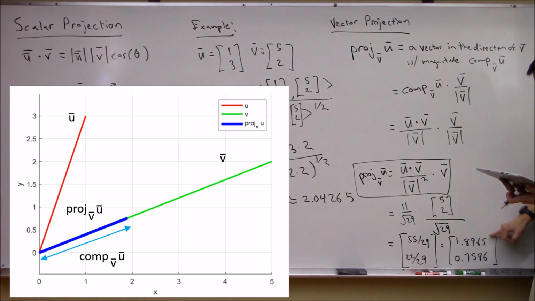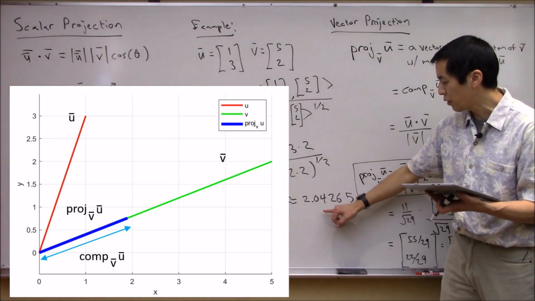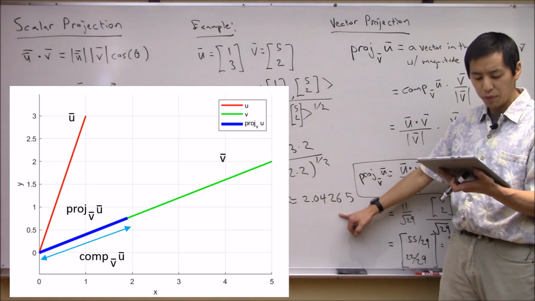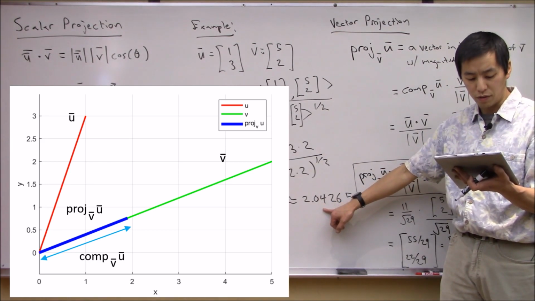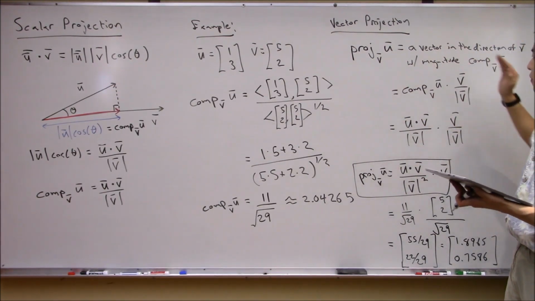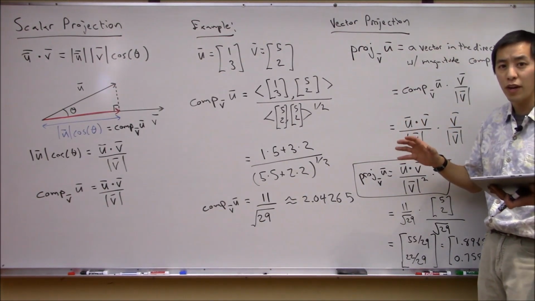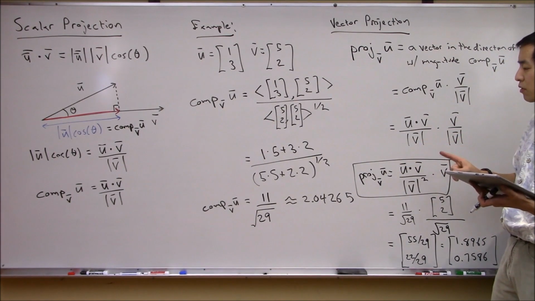If you plot this vector, that's what you end up with. And its length is this component of u onto v. You can see that the length of that blue line in the figure is indeed a little over 2 units long. Okay, so we're going to see that, again, the scalar projection and the vector projection are very helpful vector mechanics operations that are going to help us in the future.